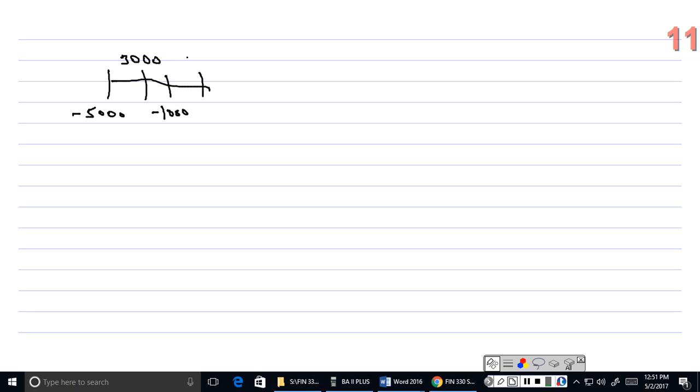And then the third year is going to provide a $4,000 cash inflow. Okay, the reason that this is what's called a non-conventional cash flow pattern is because you have a negative cash flow. Typically, you have all positive cash flows after that.